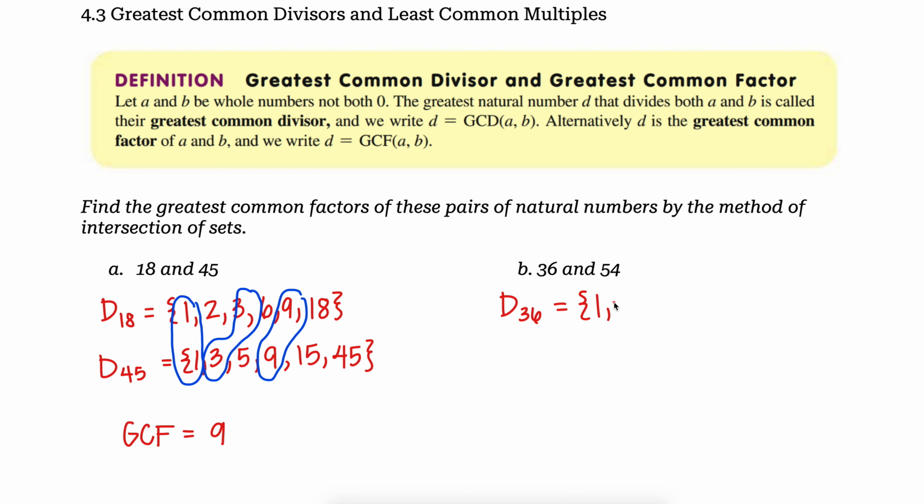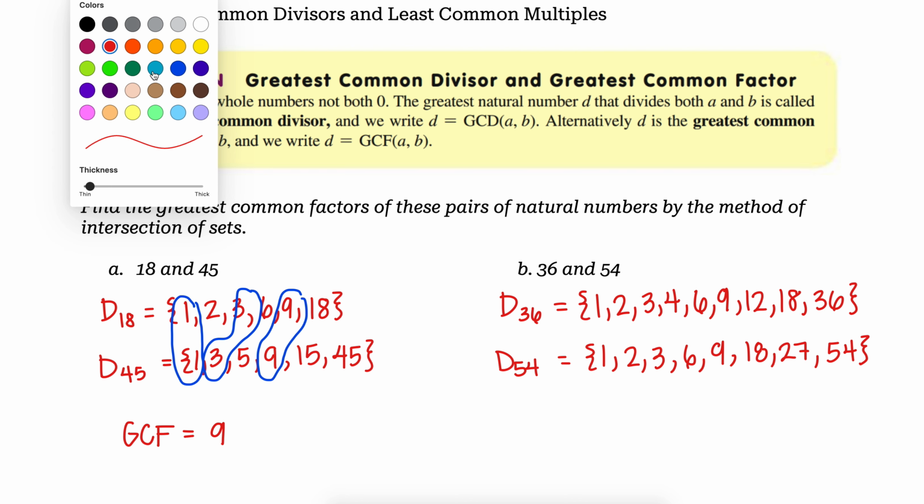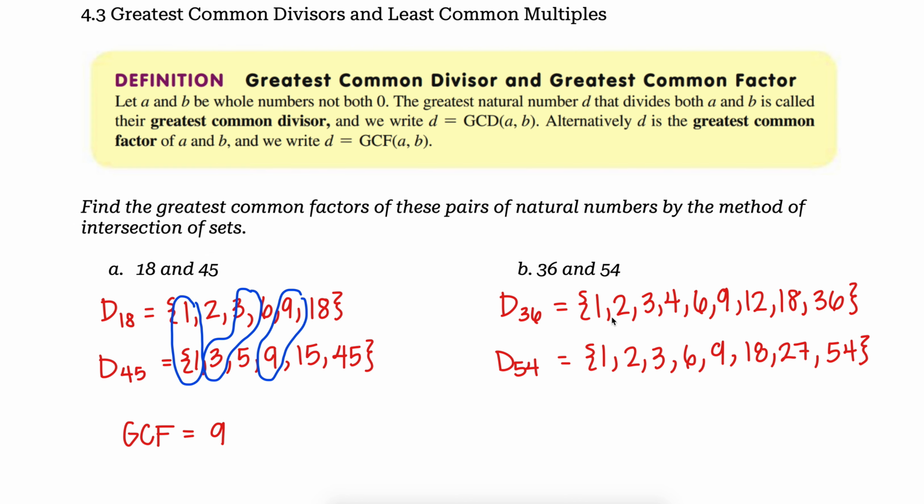It's divisible by 1, 2, 3, 4, 6, 9, 12, 18, and then itself. 54 is divisible by 1, 2, 3, 6, 9, 18, 27, and 54. Again, we're looking for the overlap.